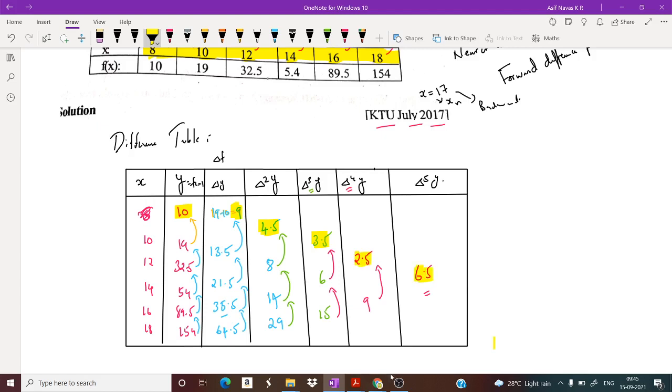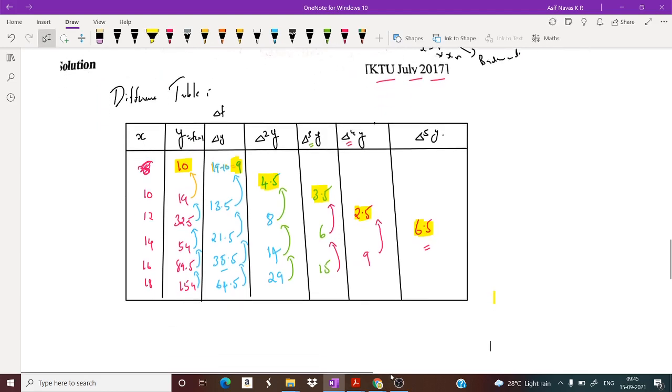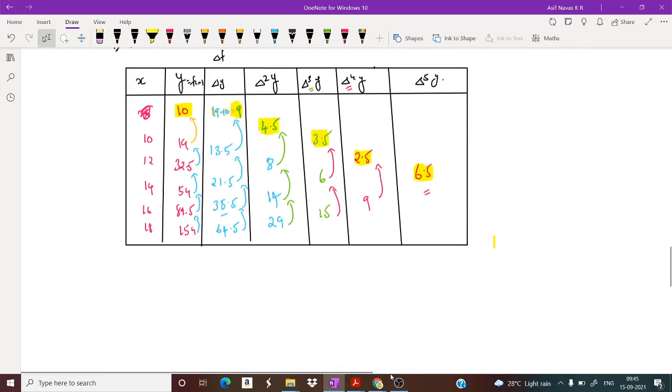So now we will use the formula. Okay, so what is the formula for finding? So here x equal to 9, we have to find out y of 9.